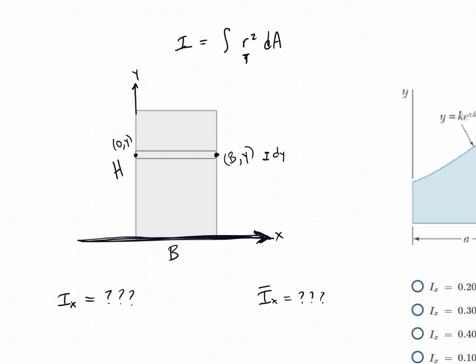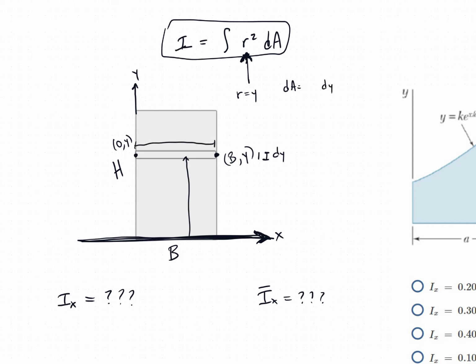So let's use this formula, because the radius here is the distance between our box and the x-axis, the thing we're taking it around. So the radius is this distance right here, so r is y. And then for the dA, we need the area of that box. The height of that box is dy, and the width of that box, going from here to here, is b.